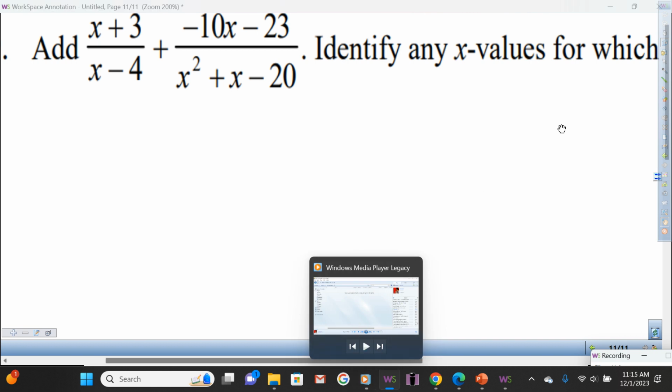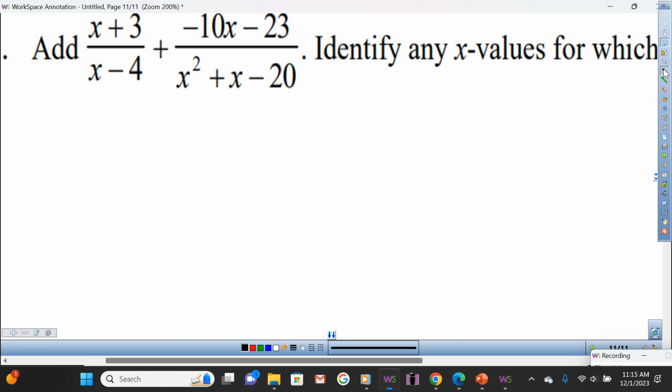When adding 2 fractions, what do we need to have? Any 2 fractions. Help him out, Anthony. What do we need to have when adding 2 fractions? Yes, a common denominator. That is correct.